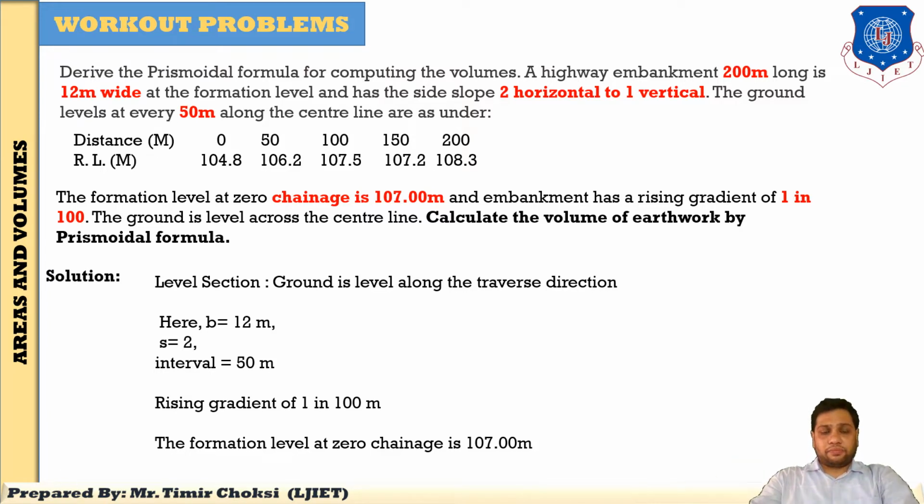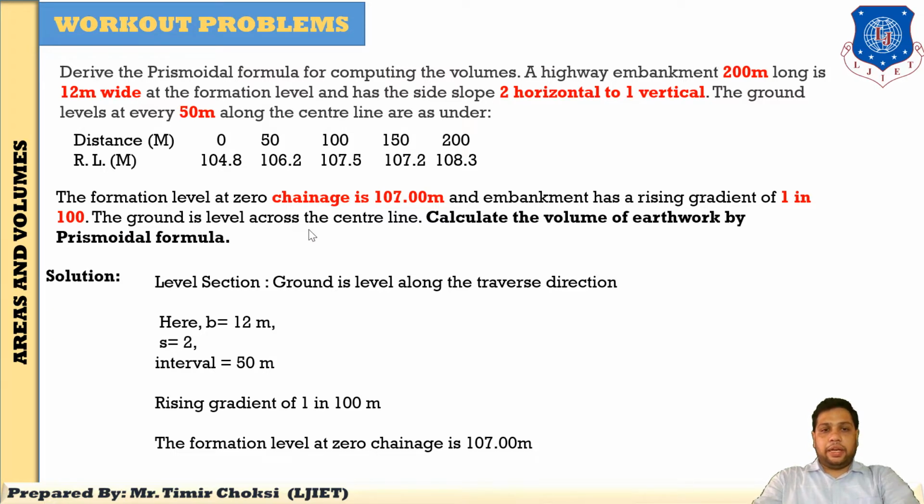So you have walked a 100 meter distance and your vertical slope is rising 1. That is the meaning of an embankment having a rising gradient of 1 in 100.